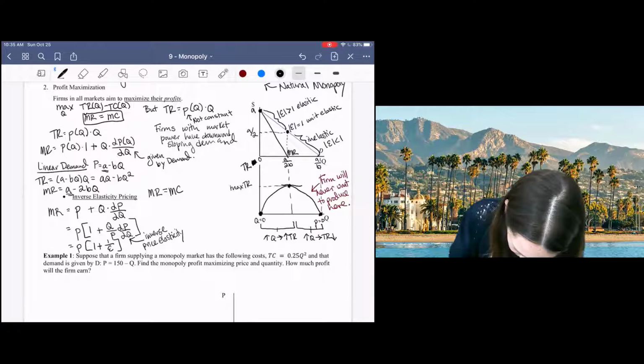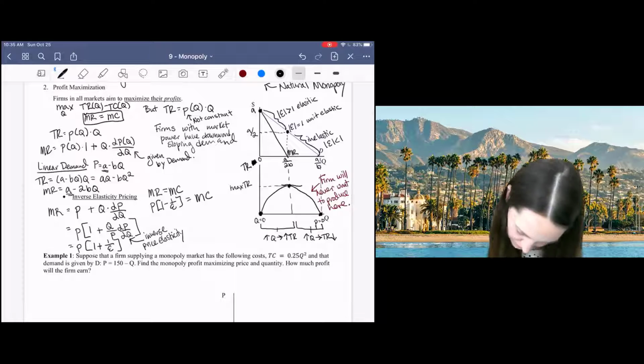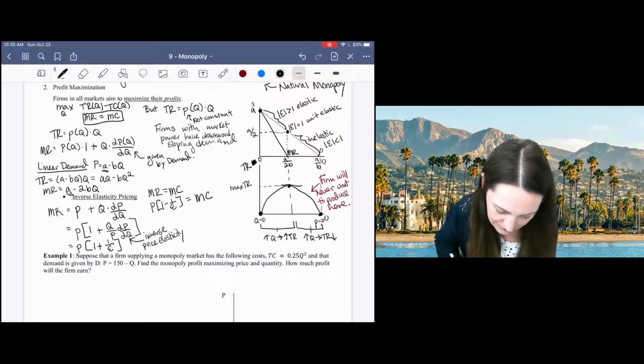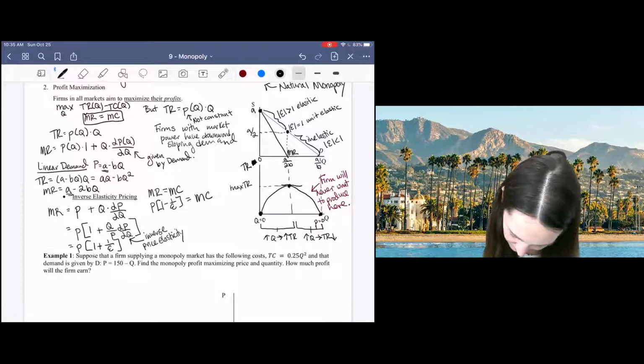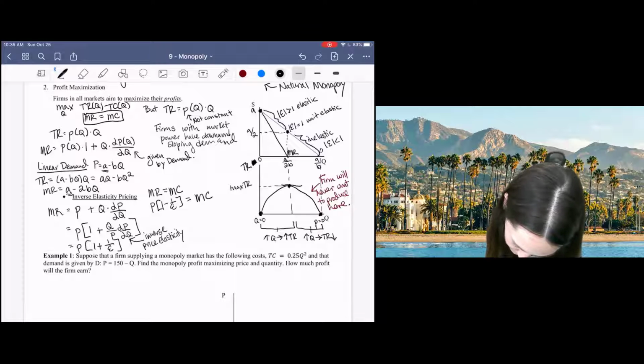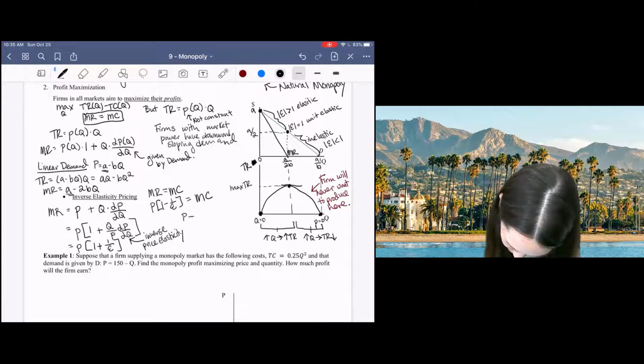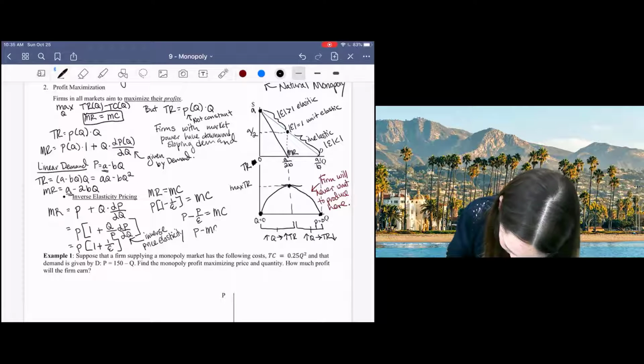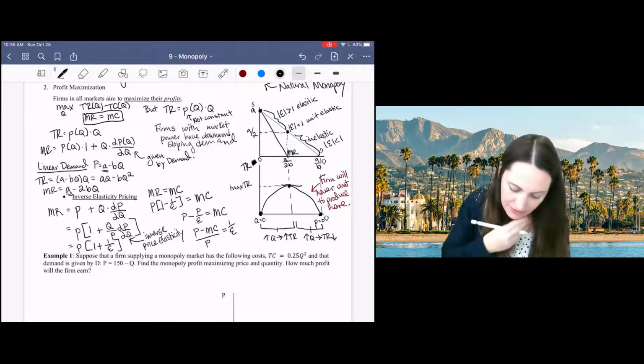If I use this formula for marginal revenue and set that equal to marginal cost, I can rearrange this to think about the markup: price minus marginal cost over price is equal to 1 over elasticity.